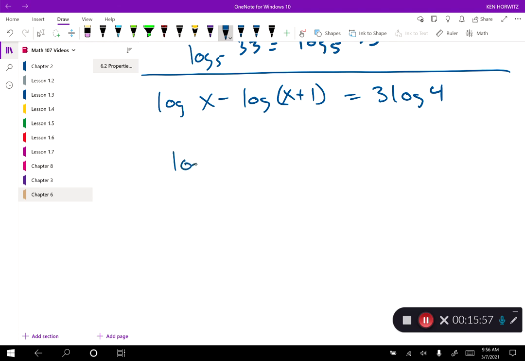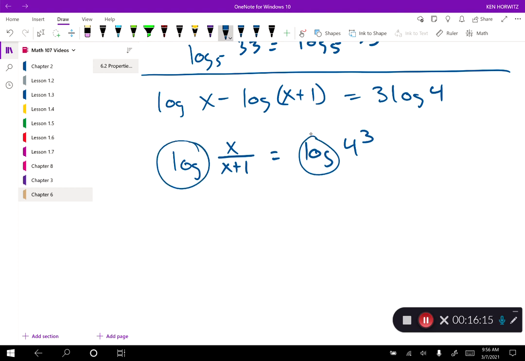So I'm going to have the log of x over x plus 1 equals the log of 4 to the third. Now, I know 4 to the third is 64, all right? But here I have the log base 10 and the log base 10. So I can use my one-to-one property.